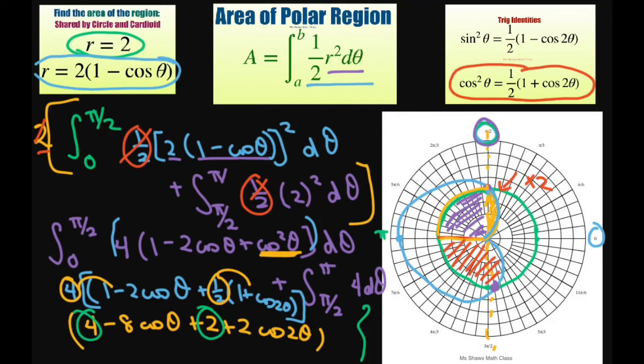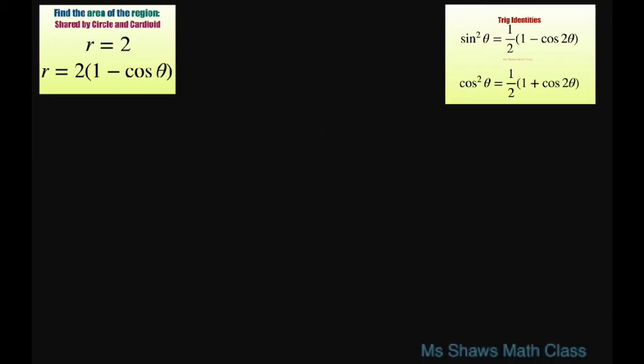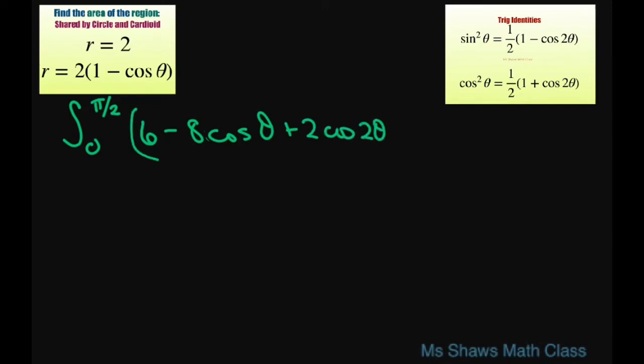Okay, so let's do that. So we're going to get the integral from 0 to pi divided by 2 of 4 plus 2, which is 6, minus 8 cosine of theta, sorry, I said sine, it's cosine of theta, plus 2 cosine of 2 theta, and then we have d theta.